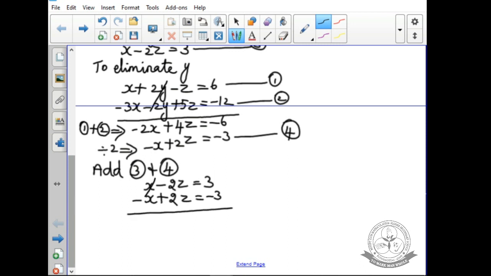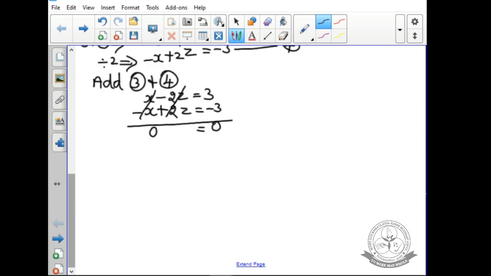Adding, x gets cancelled, z gets cancelled, and on the right side the answer is 0. So we get 0 equal to 0. Both sides give the same answer, so the system is consistent.